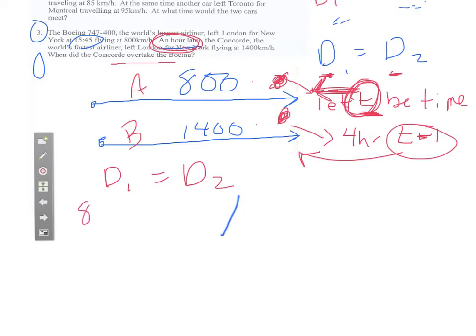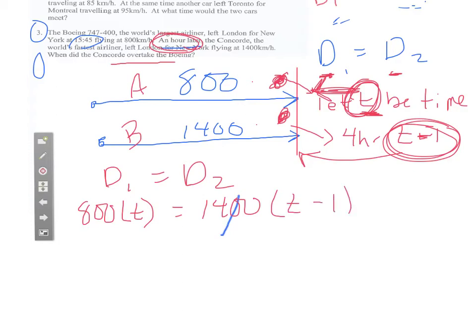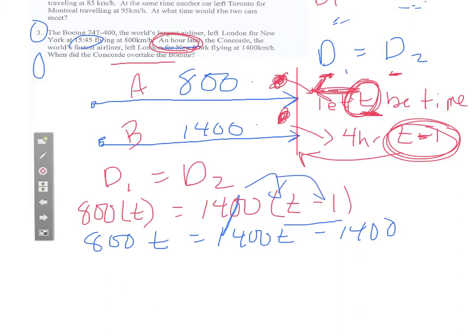Distance 1 is 800 kilometers per time. We don't know how long it is. Distance 2 is 1400 kilometers per time, but 1 hour later. So that's the key here. 1 hour later is the key. I will use the distributive property to get 800t equals 1400t minus 1400. Remember the distributive property.